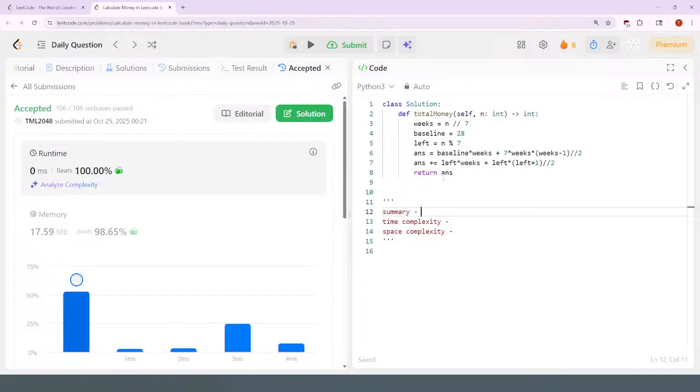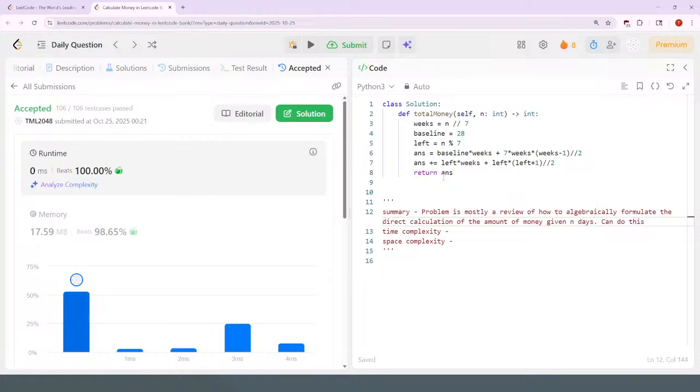This problem is mostly a review of how to algebraically formulate the direct calculation of the amount of money given n days.